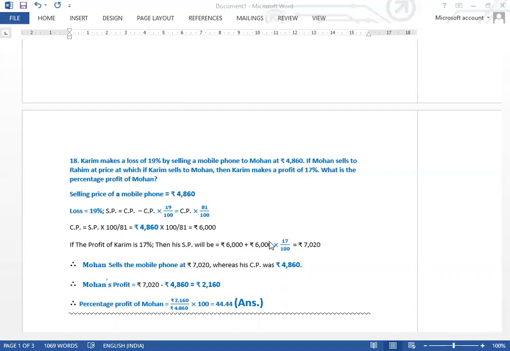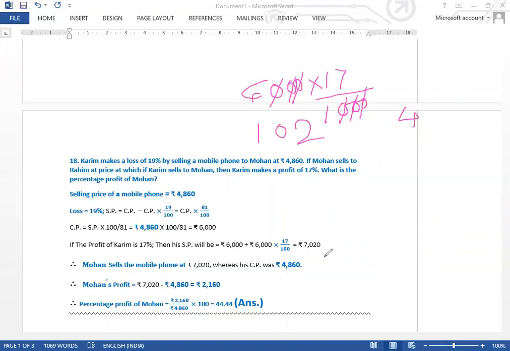Cost price plus cost price into percentage profit. So 6,000 plus 6,000 into 17 by 100. The two zeros will be cancelled out.